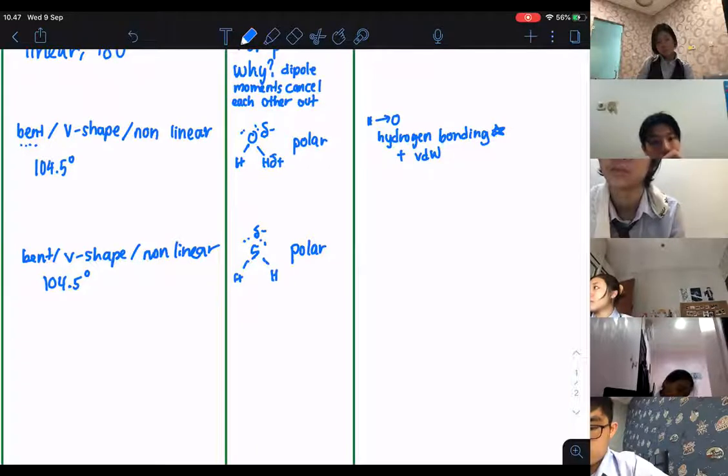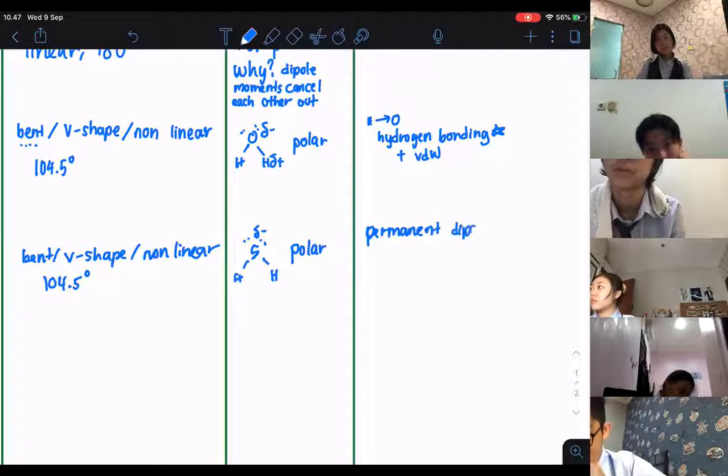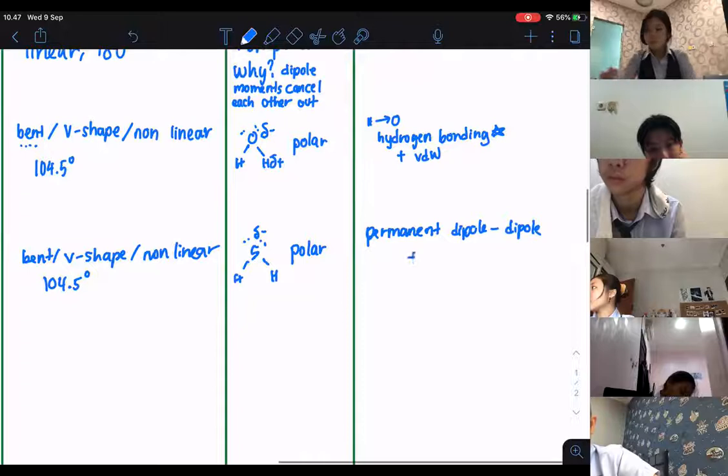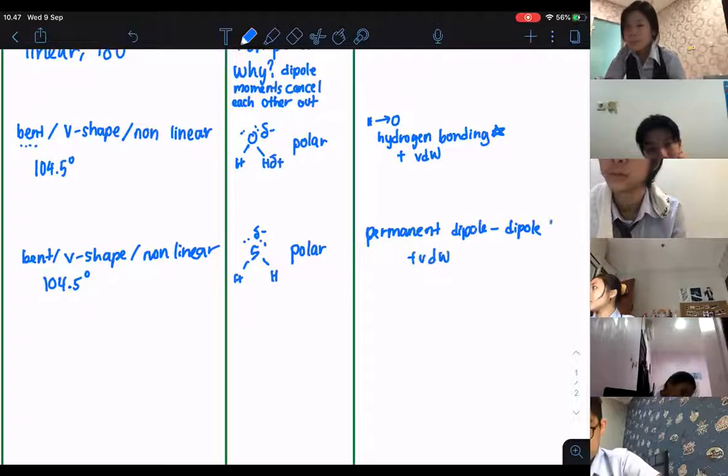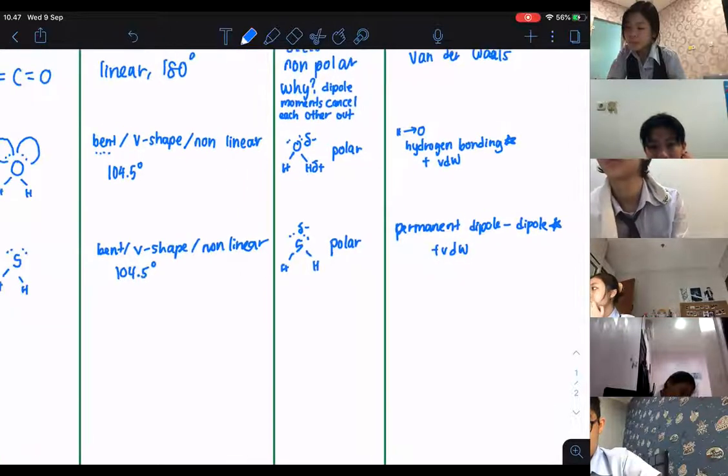This one involving sulfur, hydrogen bonding is hydrogen with NOF. Therefore there is no hydrogen bonding. So I write down permanent dipole-dipole. And do remember all molecules have van der Waals forces, but the prominent one will be the permanent dipole-dipole.